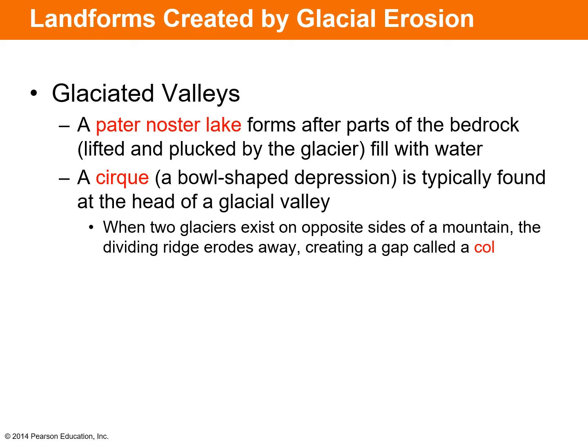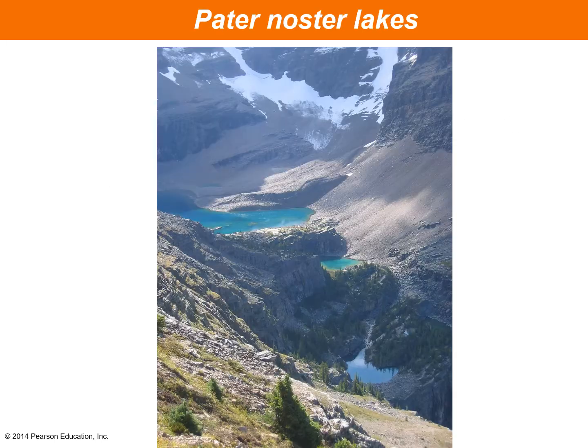Glaciated valleys are also often filled lower down in the valleys with paternoster lakes, and these lakes form after parts of the bedrock are lifted and plucked by the glacier, and then those depressions within the glaciated valley fill with water. This is a really good example of what paternoster lakes might look like.